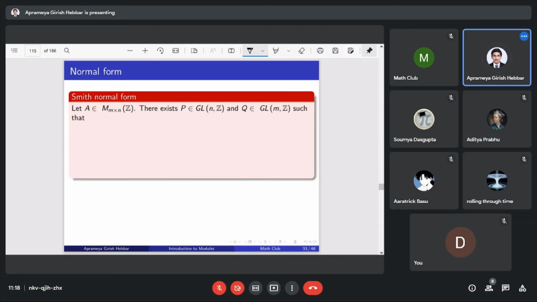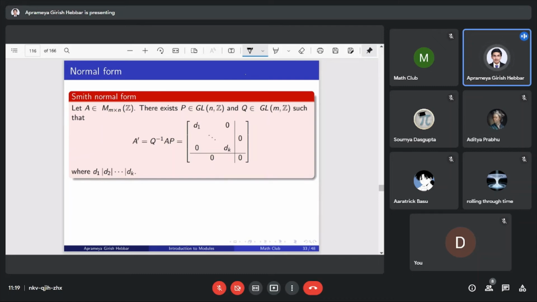Given a matrix A, which can be any m cross n, no need for a square matrix, there exist P and Q, where P belongs to GL_n(Z). This just means that it is invertible and n cross n. So P is an n cross n invertible matrix, and Q is an m cross m invertible matrix, such that A dash equals Q inverse AP equals diag(d1, ..., dk), with 0 everywhere else.